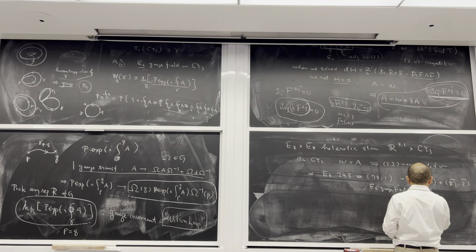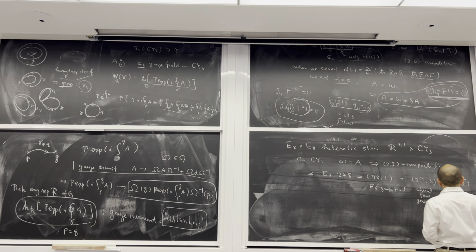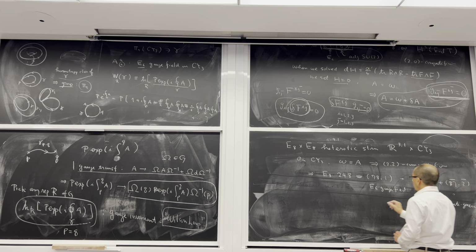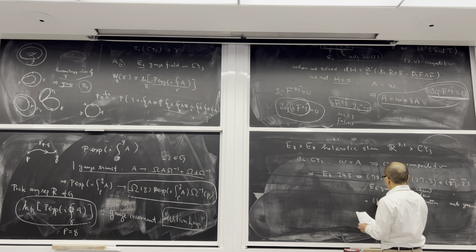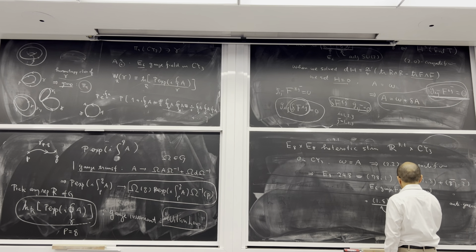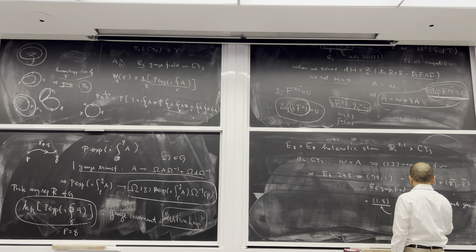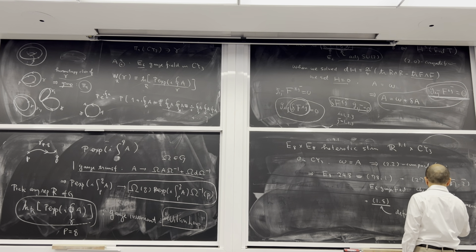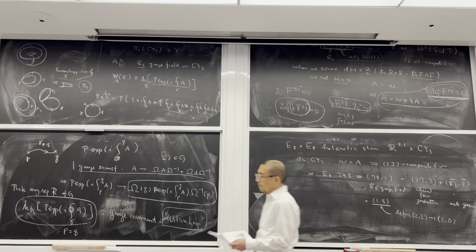So this is the generation of quarks and leptons, and these are anti-generations. And then plus (1,8), and this is possible to deform, to compactification to zero compactification.